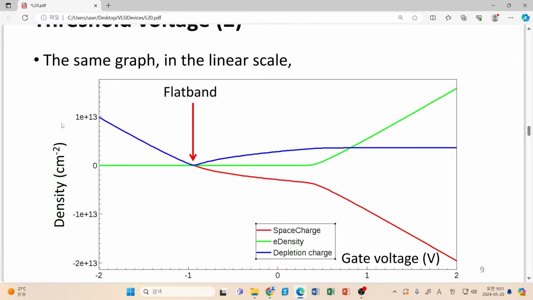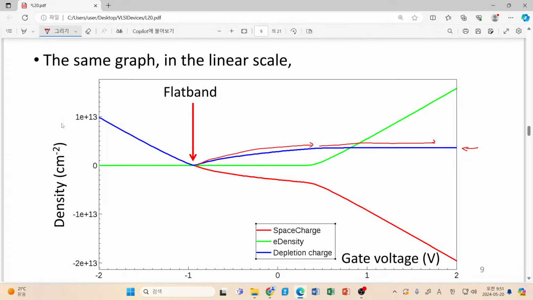Beyond this flat band voltage, first we have a moderate increase of our depletion charge. However, the contribution of depletion charge stagnates, and there is a certain maximum charge from the depletion layer. Instead, please have a look at this green line.